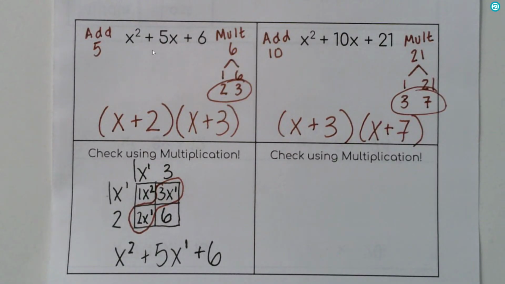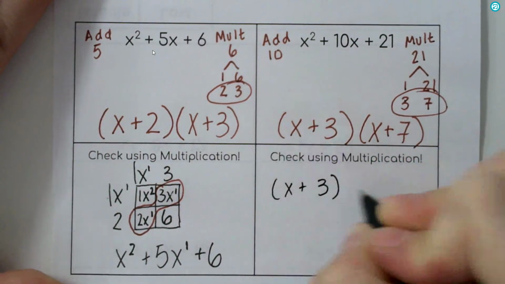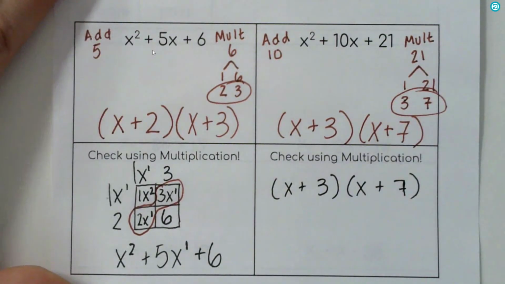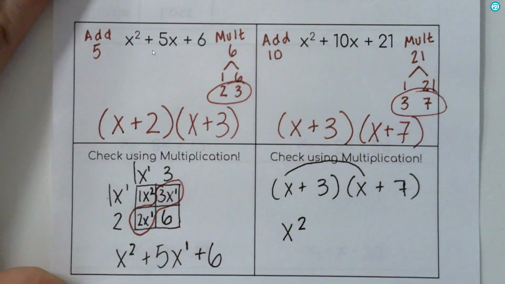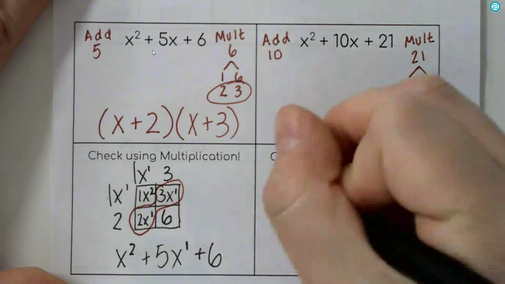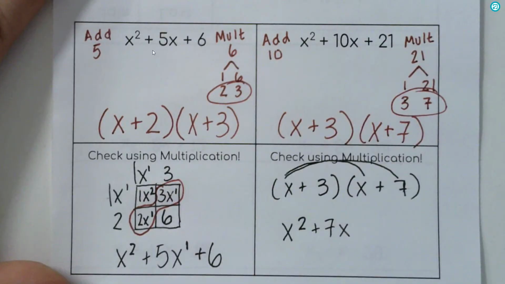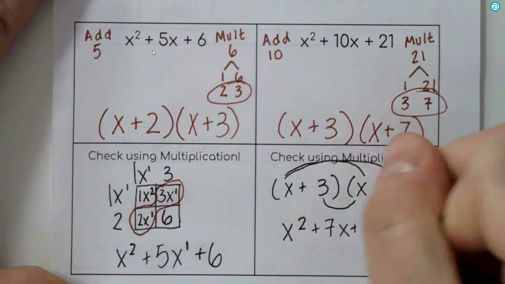Okay. We're going to check one more using multiplication. This one I'm going to distribute, though, because I know some of us like that method. So if I was going to distribute, I would do x times x, which is x squared. I would do x times 7, which is 7x. I would do 3 times x, which is 3x.